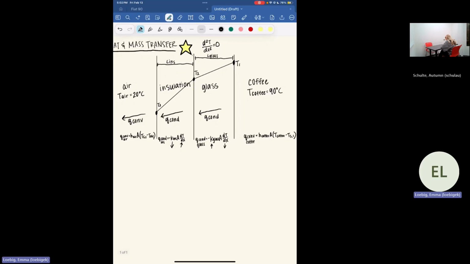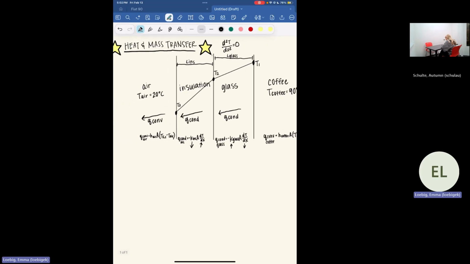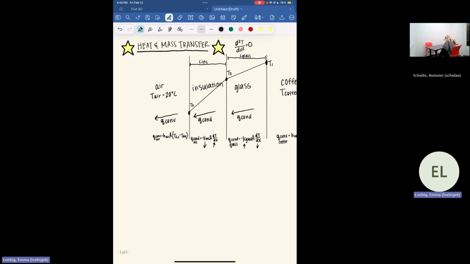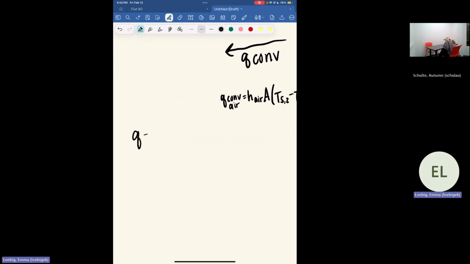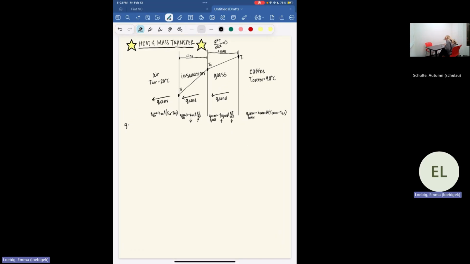Okay, so like I said before, we are assuming we are at steady state. So we can have this general Q term equal to all of these terms. First I'm going to write those out, and then we're going to start substituting in values such as T1, T2, T3, and our lengths.